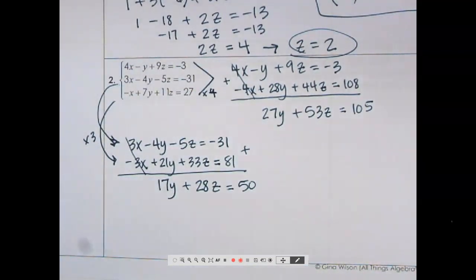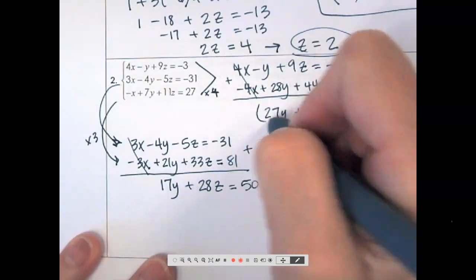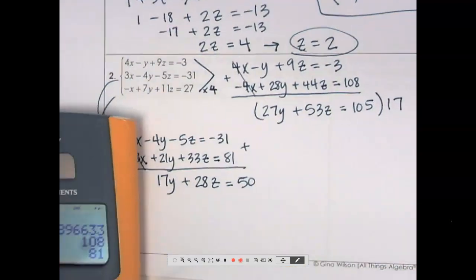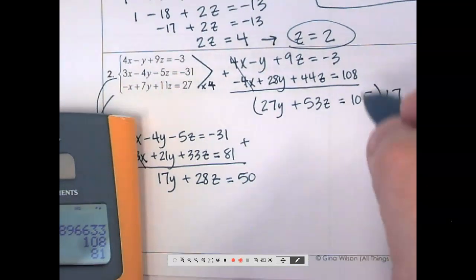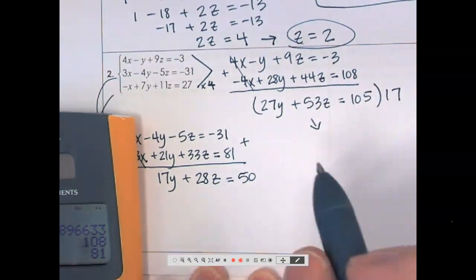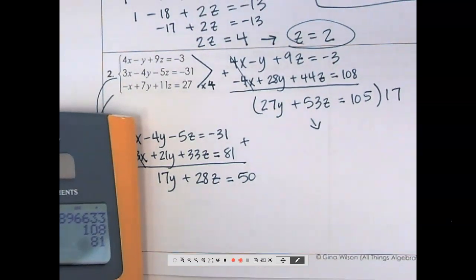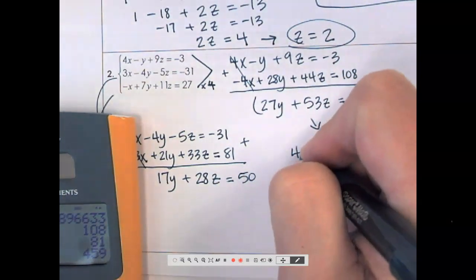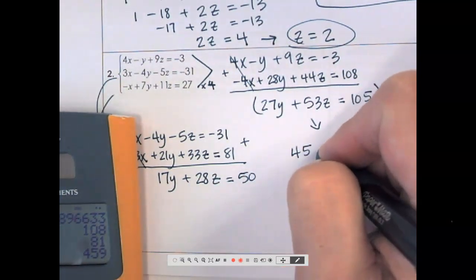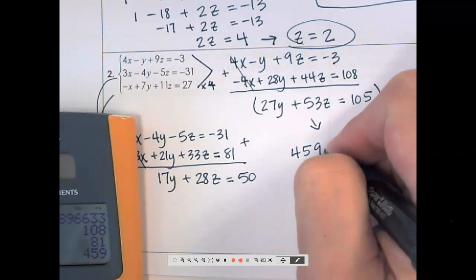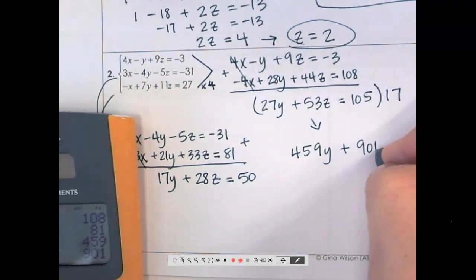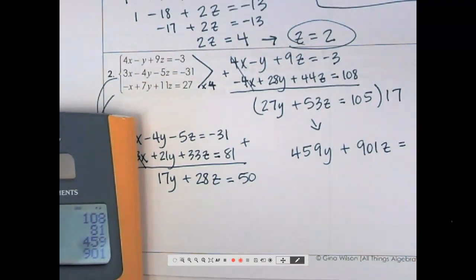Okay, so here we go. I'm going to multiply this one by 17. Definitely not some mental math for me here. Okay, 27 times 17. Can anybody do that in their head? I mean, there are some people who can do that. I am not one of them. Some crazy numbers.